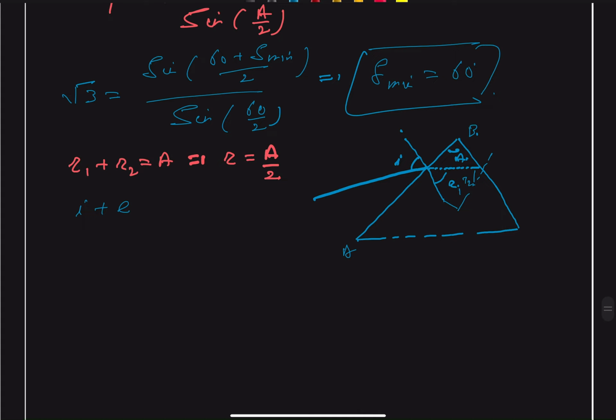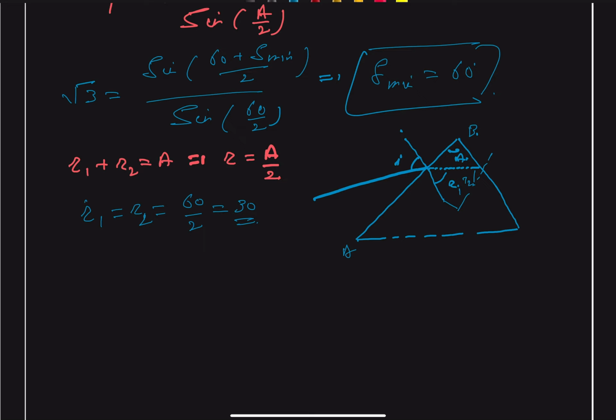So from here we already know the angle of the prism, so I can say this R will be equal to R2 and will be equal to A by 2, that is 60 by 2, and that comes as 30 degree.